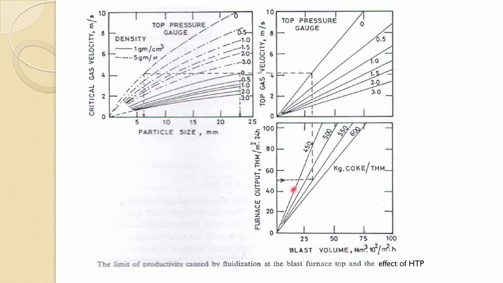These are typical values which are shown, and one can get a fair idea about various parameters from this graph. It is a very useful graph from the productivity viewpoint and for selecting approximate parameters for the optimum productivity.